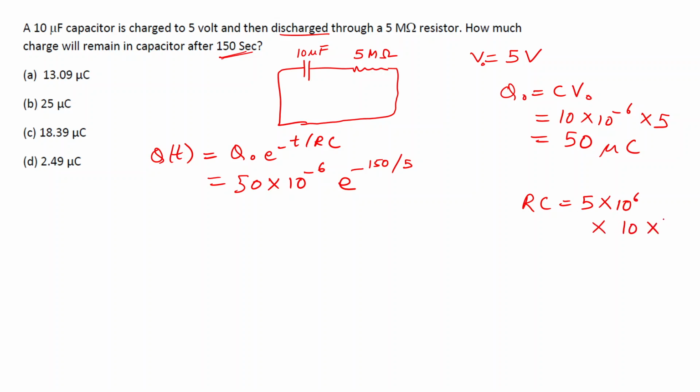So 10 to the power minus 6 and 10 to the power 6 give 10 to the power 0, that is 1, and the product of R and C will be 50. So this will be 150 divided by 50, which is 3. So 50 times 10 to the power minus 6 divided by e to the power 3.